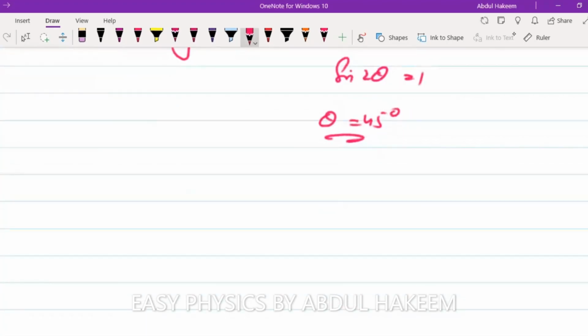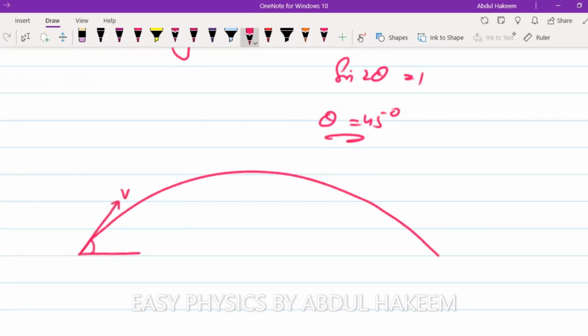Now this is the path of the projectile motion. Here is the initial velocity with which it's thrown. It's making some angle theta with the horizontal. This is vx, which is constant. This is vy, the vertical component.